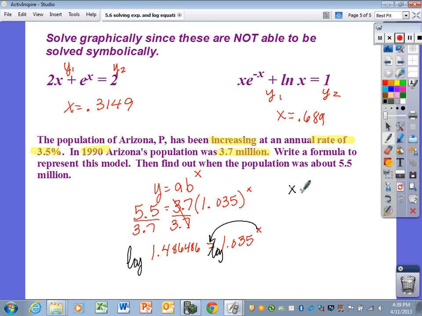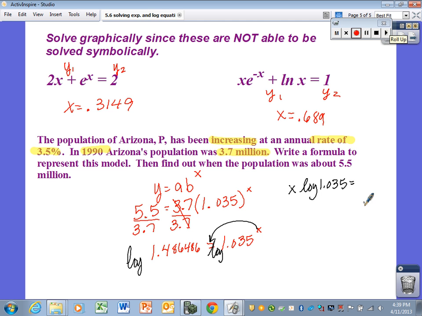So x times log 1.035 equals log 1.4864. Divide by log 1.035.